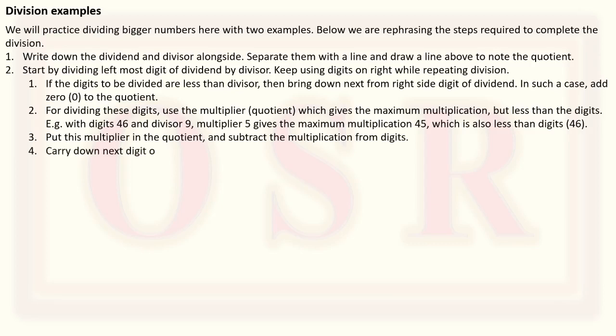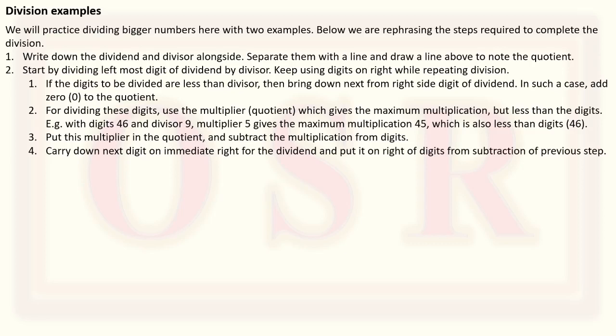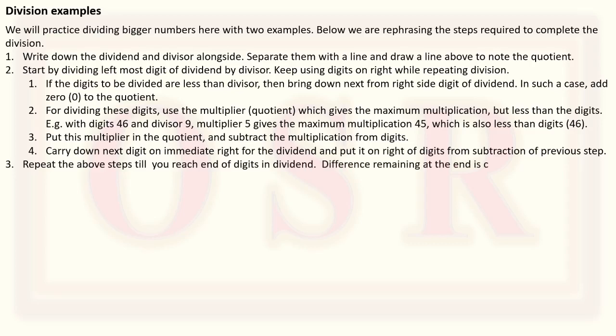Carry down the next digit or immediate right from the dividend and put it on the right of the digits from subtraction of the previous steps. Repeat the above steps till you reach the end of digits in the dividend. The difference that remains at the end is called the remainder and the quotient is noted above the line.